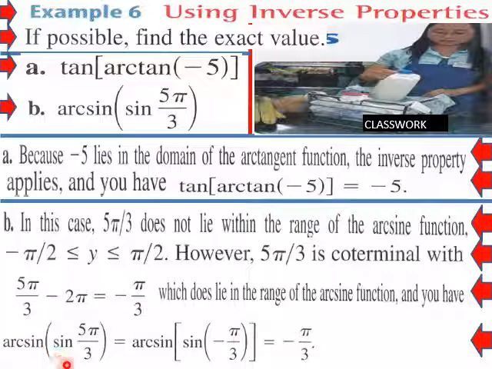And you have arc sine of sine 5 pi over 3 equals arc sine of negative pi over 3, which would equal negative pi over 3. So you could take the coterminal angle of 5 pi over 3 and make it work within the arc sine of the sine.